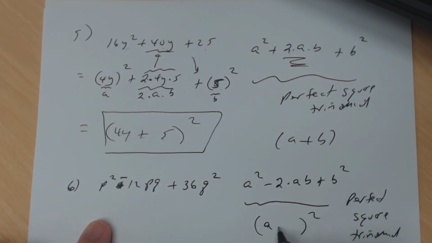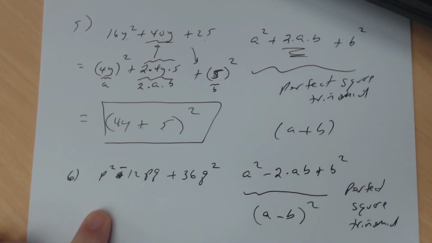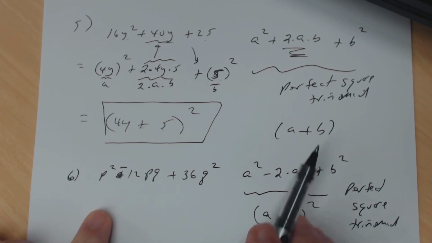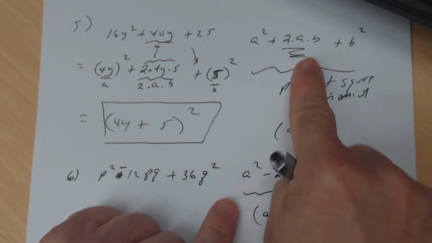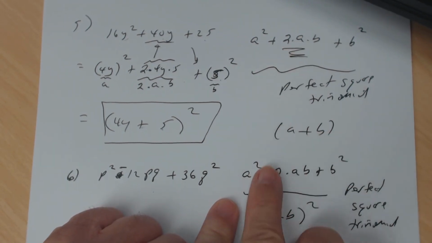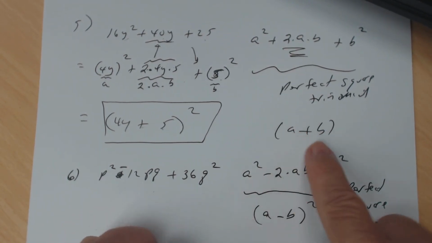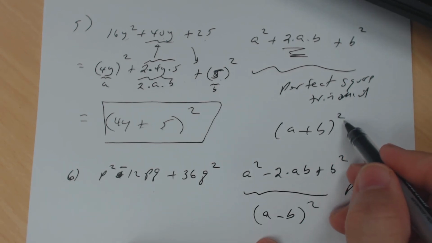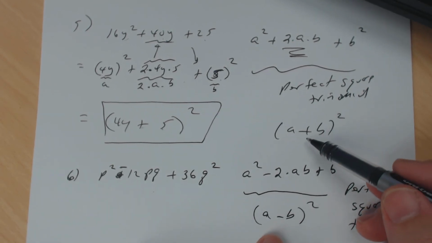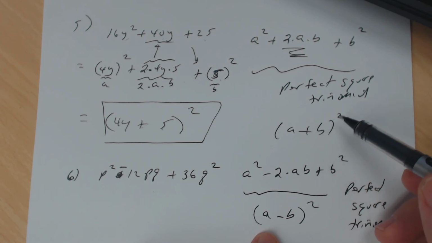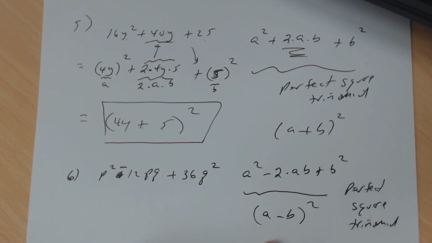I can write it as a minus b squared. Okay, so notice every term looks the same from here and here, except that the middle term's positive here and the middle term's negative here. Oops, I forgot to write this as a binomial squared. So notice how the factored part looks. This is a plus b squared, this is a minus b squared.